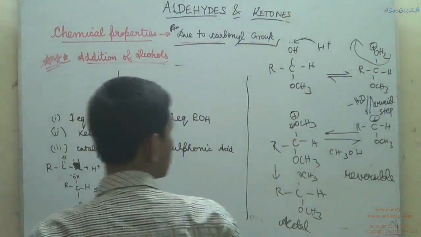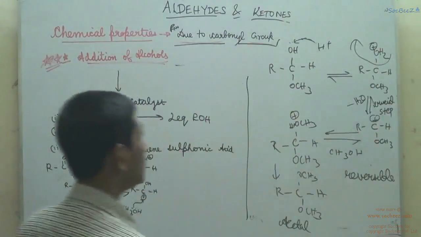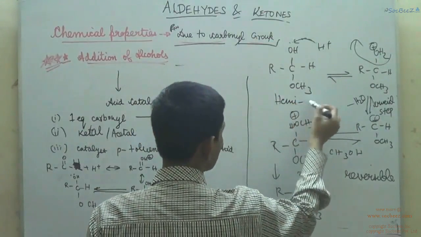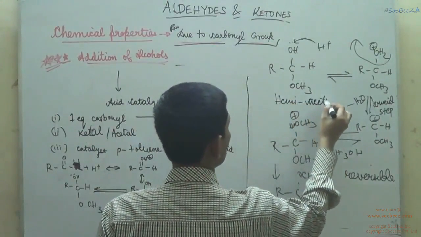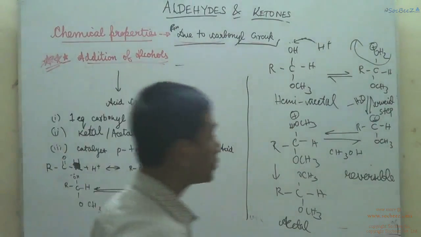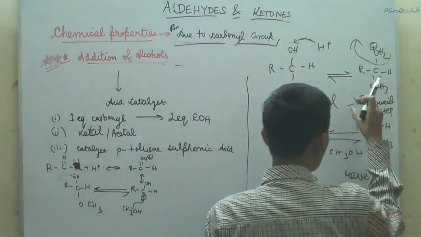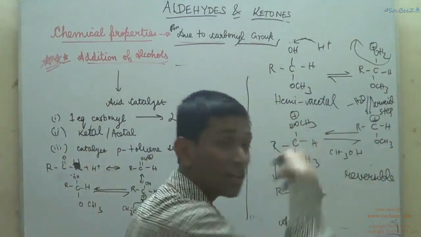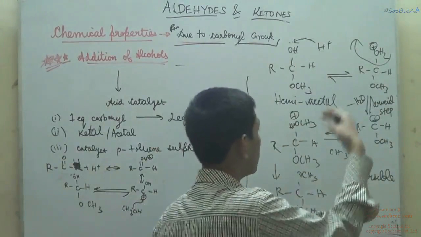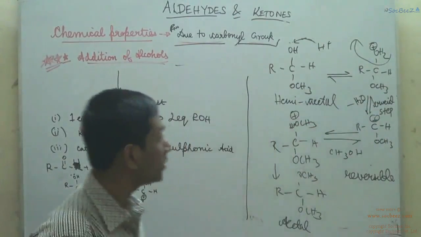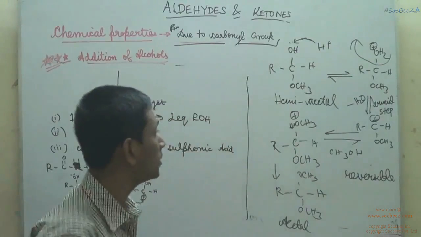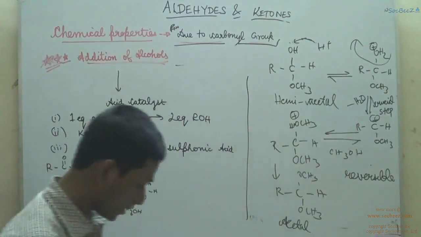This is nothing but a hemiacetal or hemiketal depending upon the substrate. After formation of this hemiacetal, if this water molecule is removed from the solution, the faster you remove the water, the faster will be the rate of reaction, so far more will be the yield, because this is the crucial step.